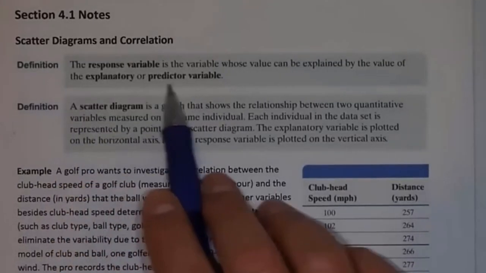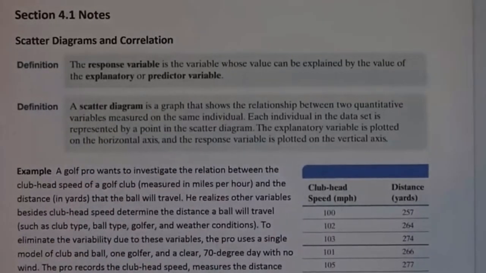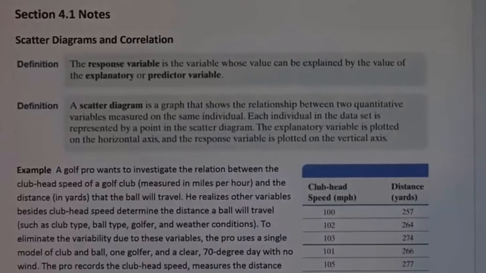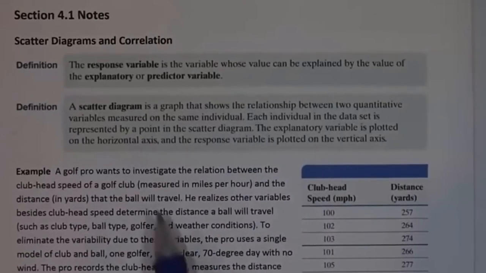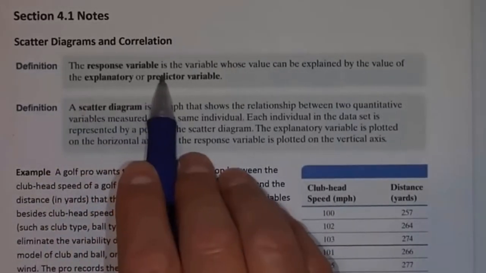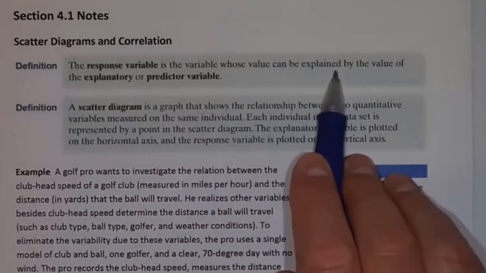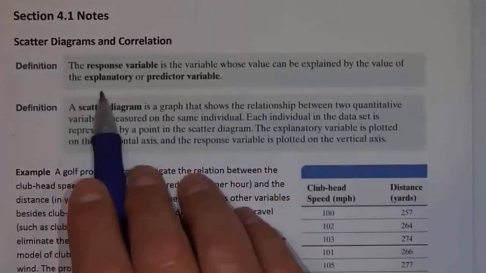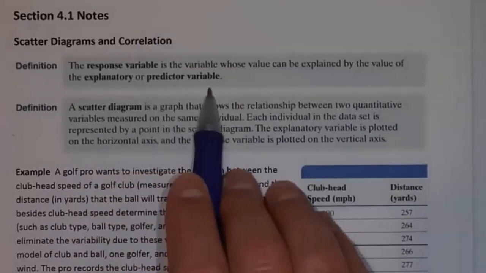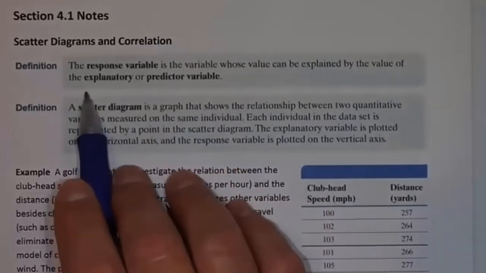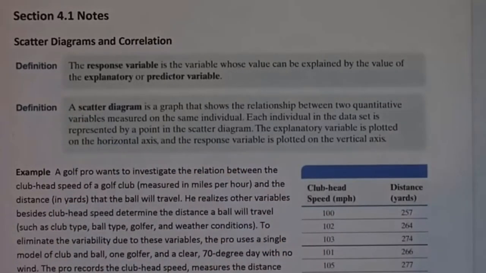We've talked before about explanatory and response variables. Back in chapter 1, we did that. The response variable is the variable whose value can be explained by the value of the explanatory or predictor variable. So we're going to be looking to see if we can find a relationship between the explanatory variable and the response variable.